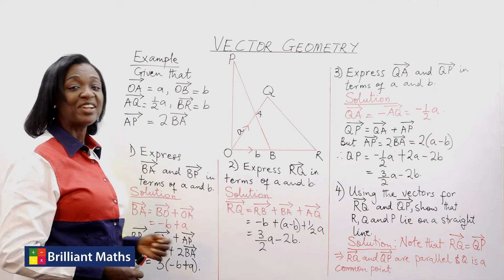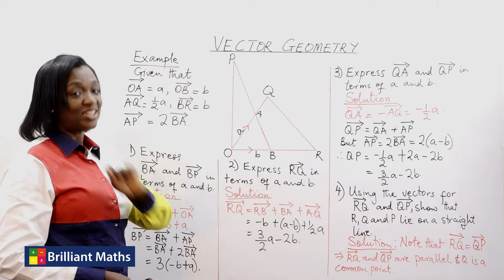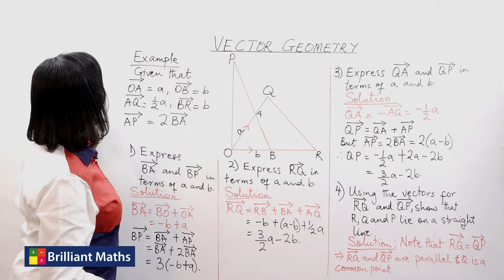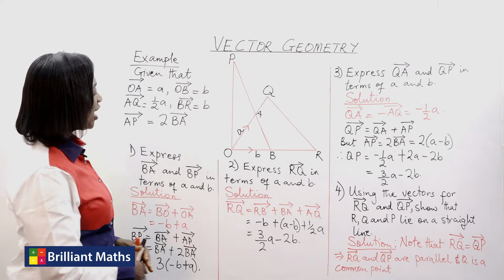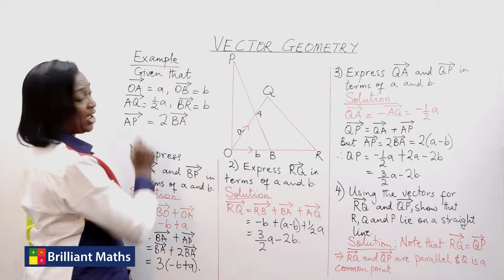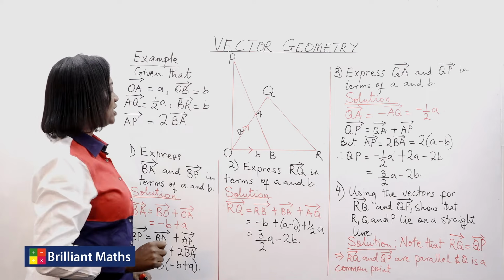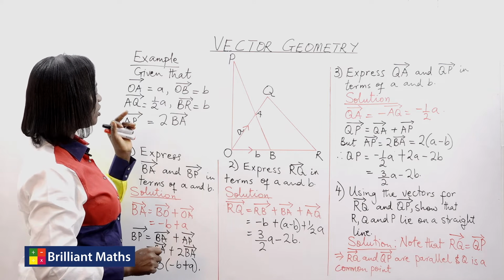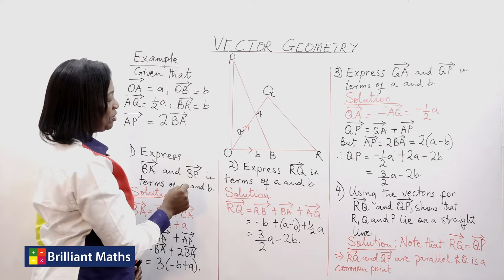Let's take a look at vector geometry. This is very interesting. You just have to pay attention. So focus. Example, given that the vector OA is equal to A, and OB is B, AQ is equal to half A. So let's look at AQ.